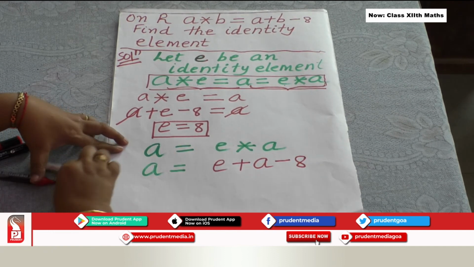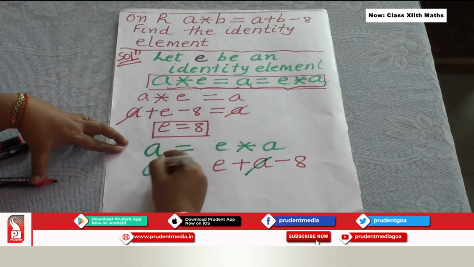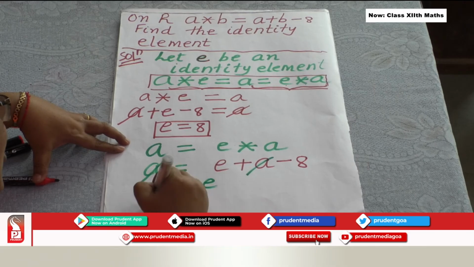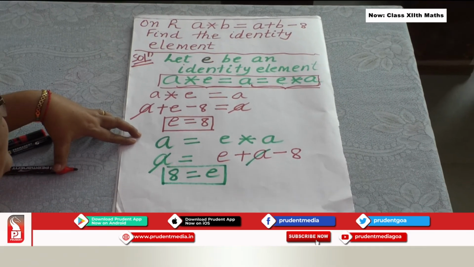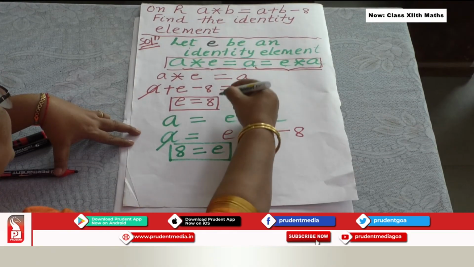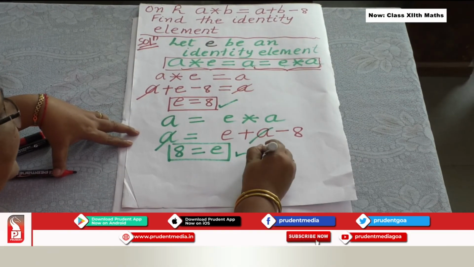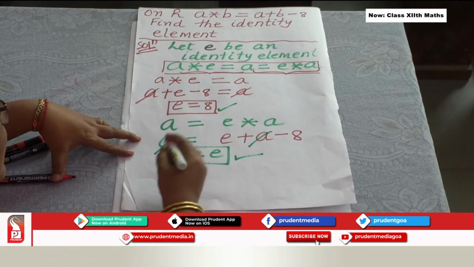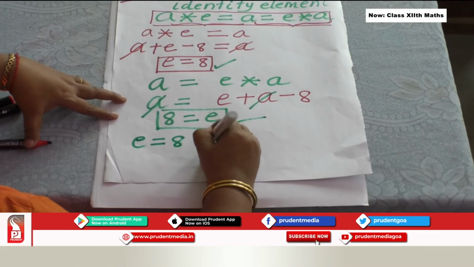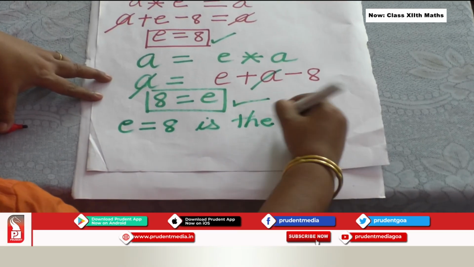Now you can cancel this and this, 8 will come to this side, 8 is equal to E. On both sides the answer is the same. Have you all seen that both sides give the same answer? Here also it is 8, here also it is 8. It is unique, therefore E is equal to 8 is the identity element.